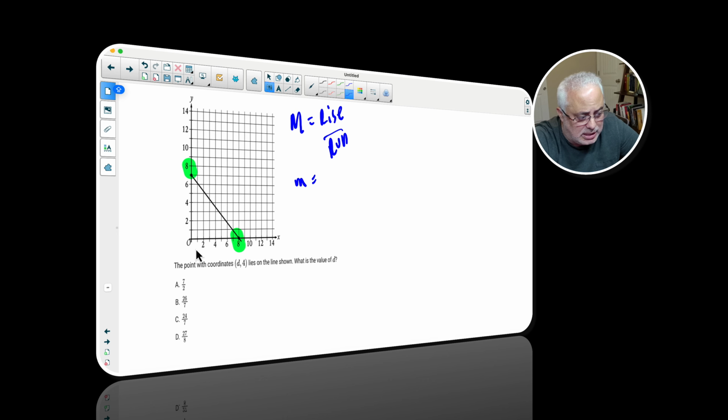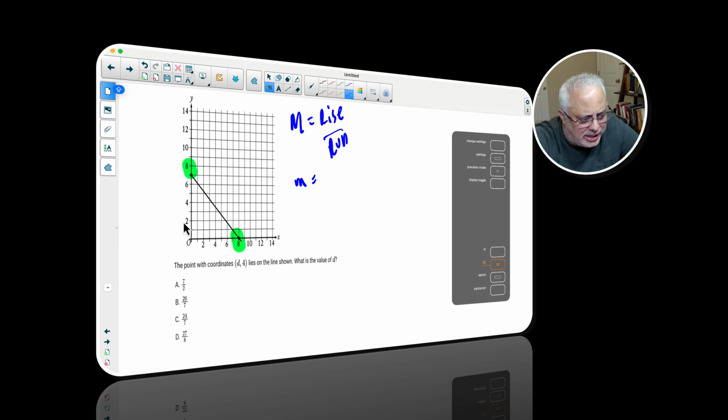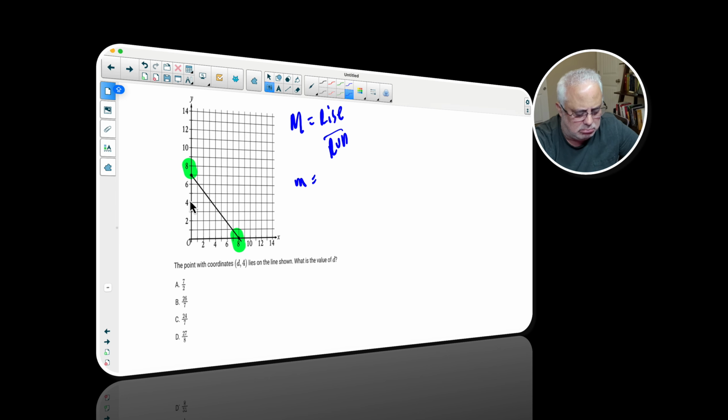So I have here the point (0, 7) and the point (8, 0). Basically, it's moving down 7 units, minus 7. And to the right, 8. This is the slope. -7 over 8 is a negative slope. The line is decreasing. Beautiful.